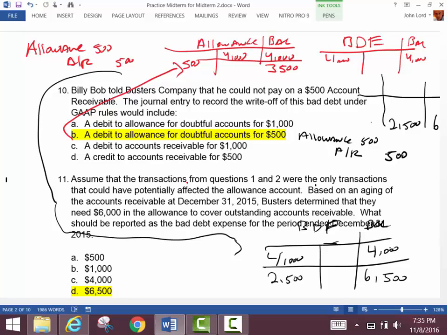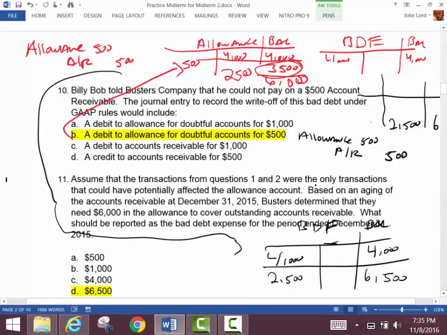Now, right now, we're looking at the allowance, and how much is sitting there? $3,500. If I need $6,000, that means I want what? $2,500 more in there, don't I? So I'm going to have to credit the allowance $2,500. And when I do, does the balance go to $6,000? The balance goes to $6,000.